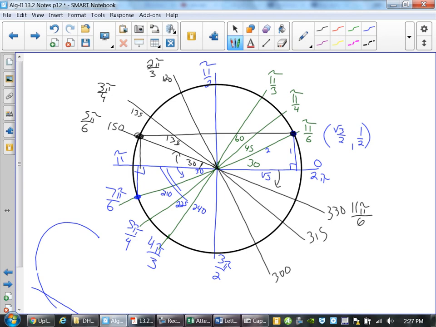1/4 away from 2 wholes. Remember, if you're talking about 2 pi with the fraction of 4, it would be 8 pi over 4. Subtract 1 from it, you get 7 pi over 4.